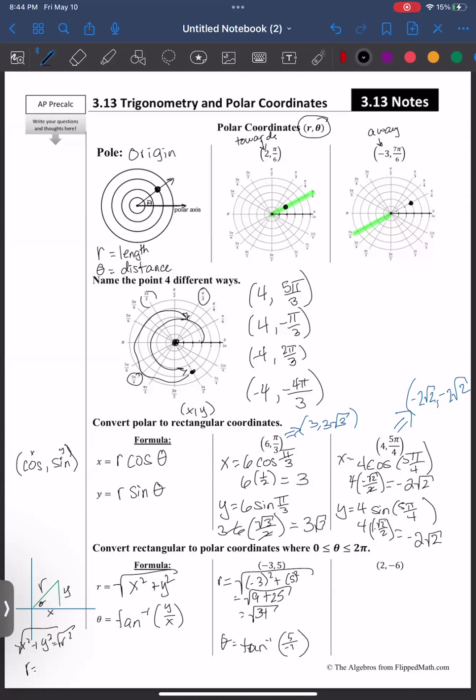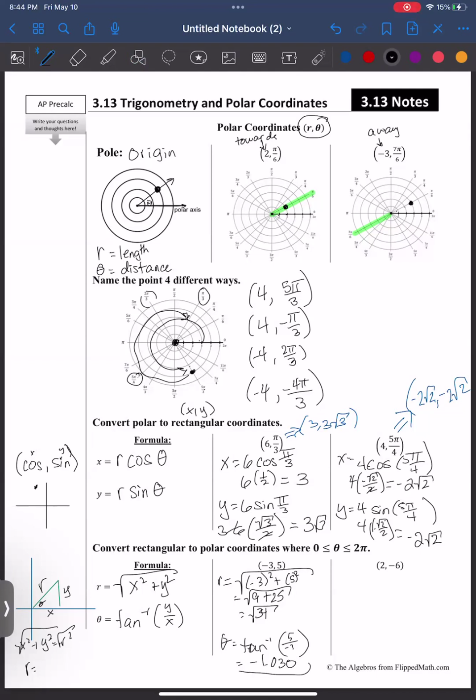So when you do the inverse tangent, you get that it equals negative 1.030. Now the problem is, if I were to graph negative 3 comma 5, my point would be somewhere over here, right?